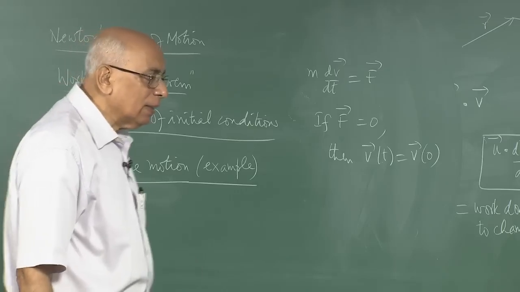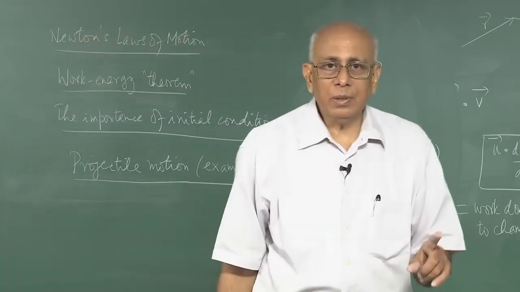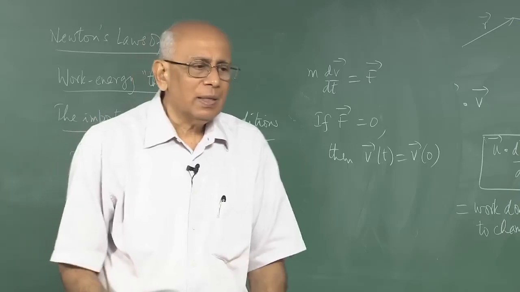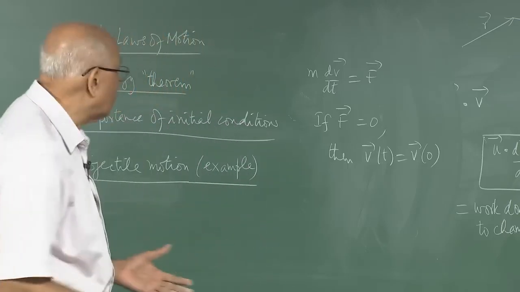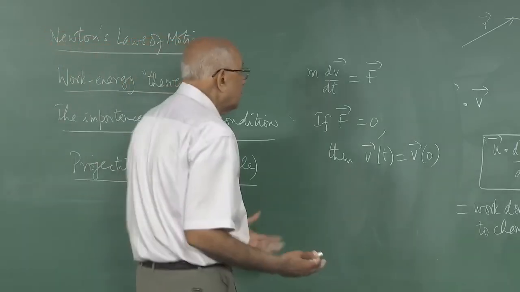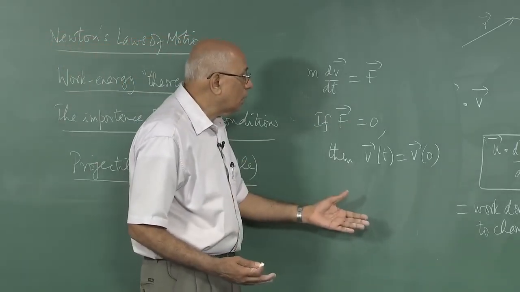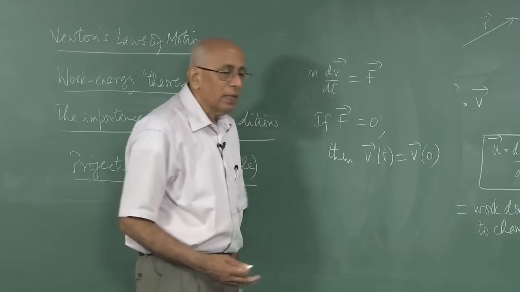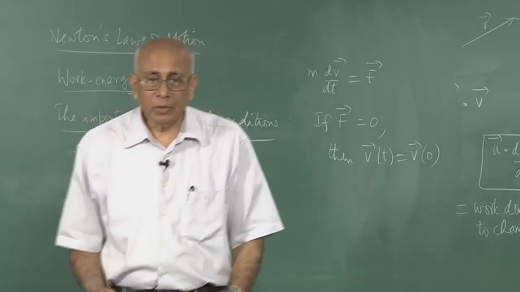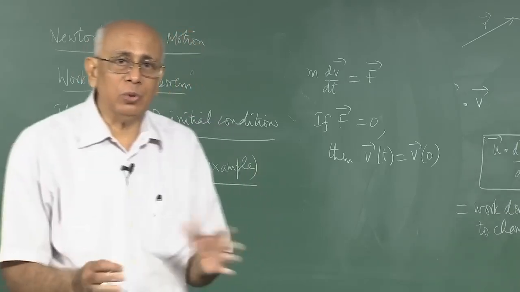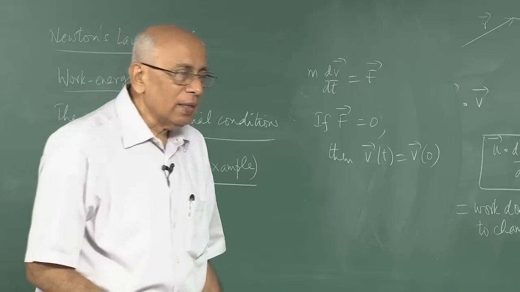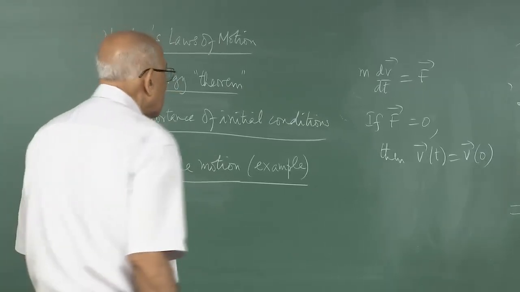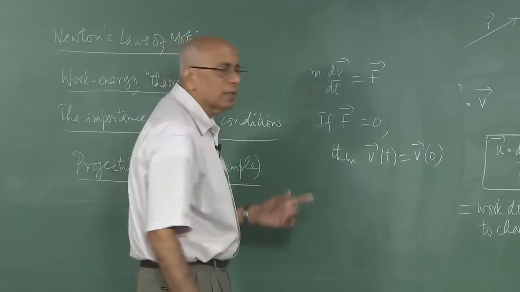So does this mean that the first of Newton's laws of motion is not independent of the second law? Does it mean that it is derived from the second law? It would look like it. It would look like saying that the first law is a special case of the second law when the force on the body happens to vanish. Is this true? It cannot be, because we have three laws of motion and they have to be mutually consistent with each other, and I leave it to you to think about this, and we will talk about this a little later as to where the difference between the first and second laws comes.